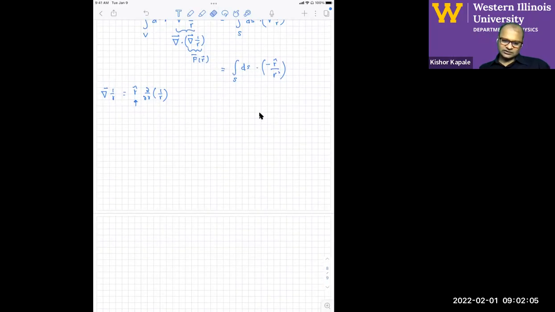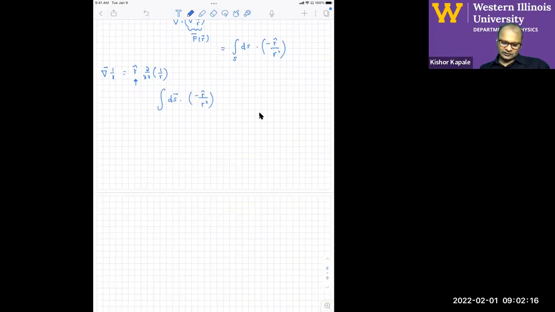So now our goal is to evaluate this surface integral of this quantity r hat over r squared. And since we have the surface element on a sphere of radius r, it is going to be r squared sine theta, because you're at a specific value of r that is not going to change.